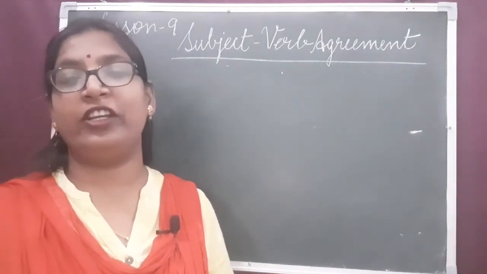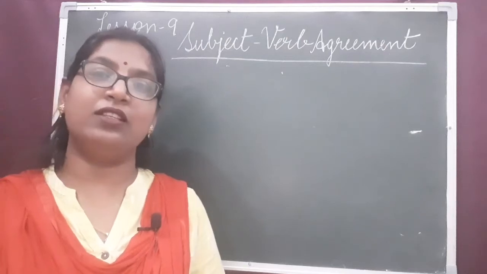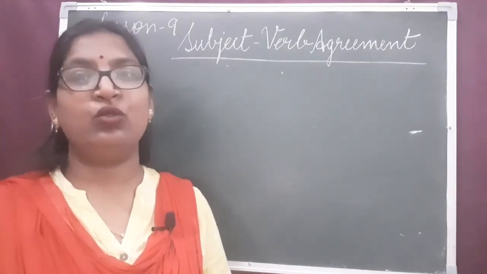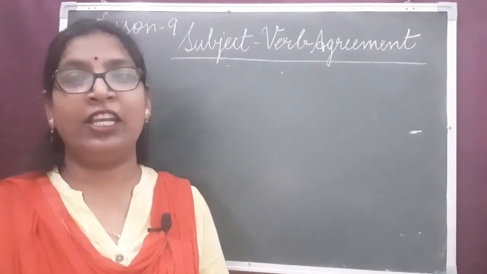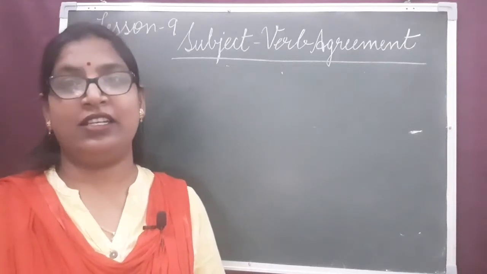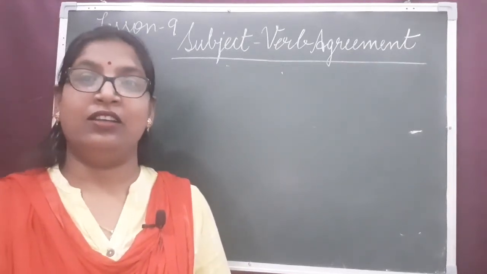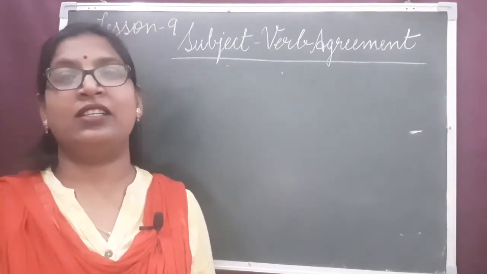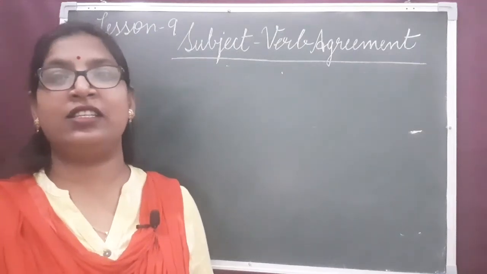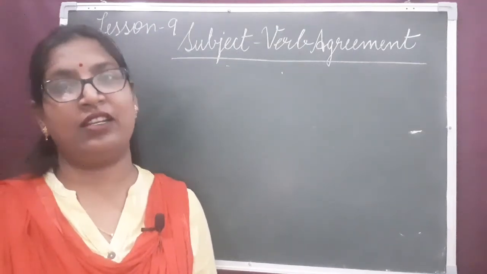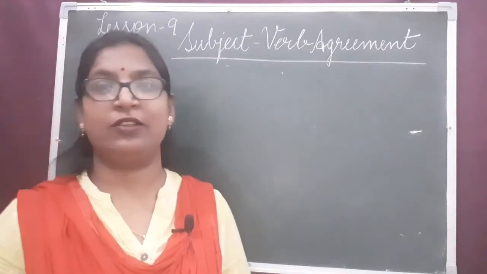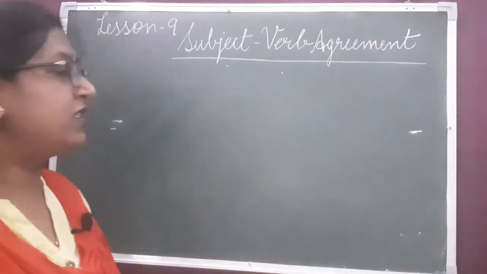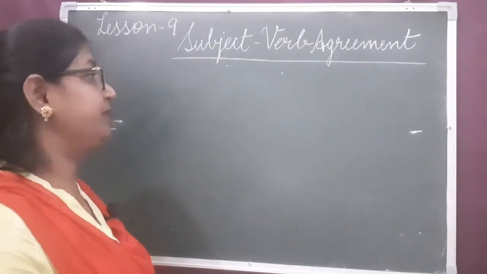What is the meaning of agreement? Agreement means agreeing of two elements in a sentence. When two elements in a sentence, two parts of the sentence agree with each other, that is called agreement. Now, let us see this example.